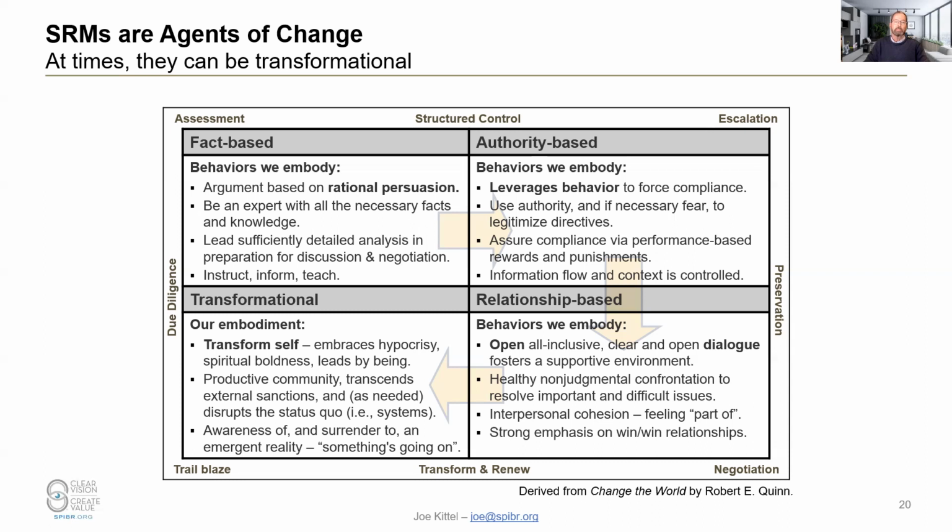These modes by themselves or in combination with another mode can be helpful in 8 different situations shown in the outer band of the table. An SRM needs to be observant enough to notice the presence of a specific situation in their alliance. And they need to be comfortable working in any of these 4 modes of change.